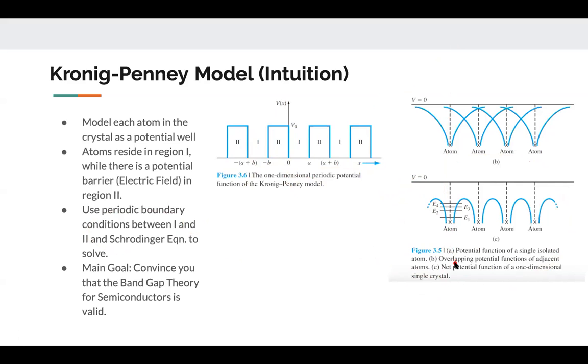Do the electrons exist in region 1 or 2? Basically, the entire atom only exists in region 1. Region 2, for simplification, we will say that the particles cannot exist in region 2. So we are assuming that each potential well is an infinite potential well.